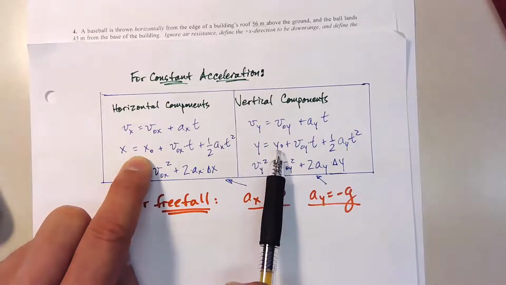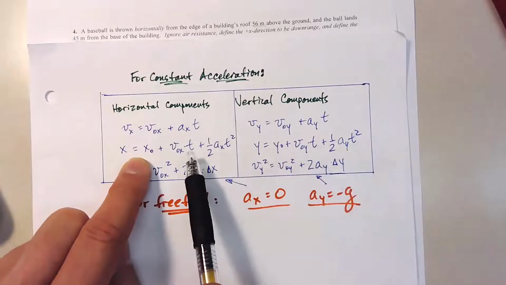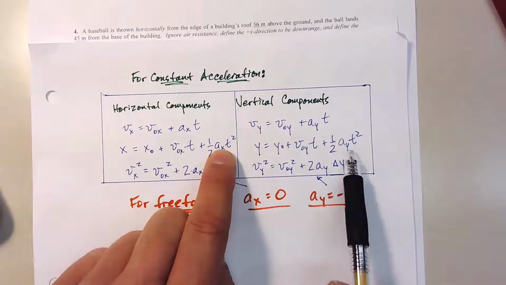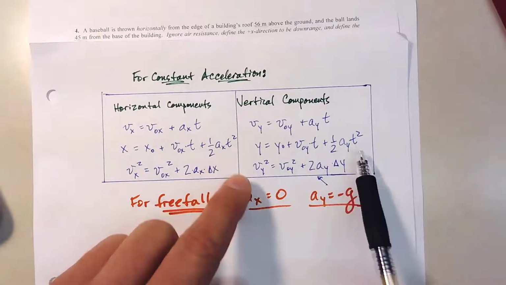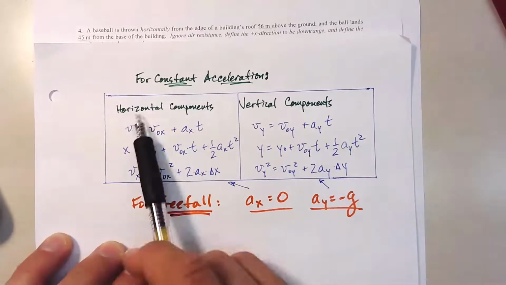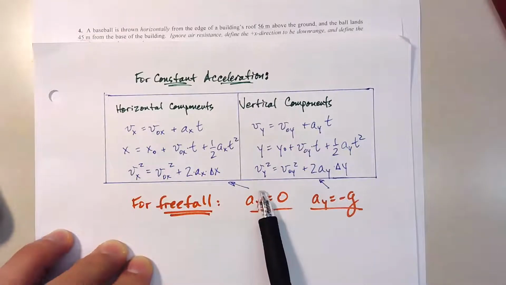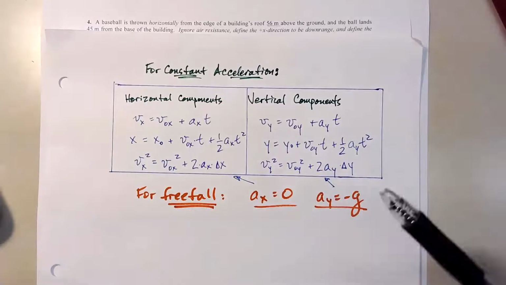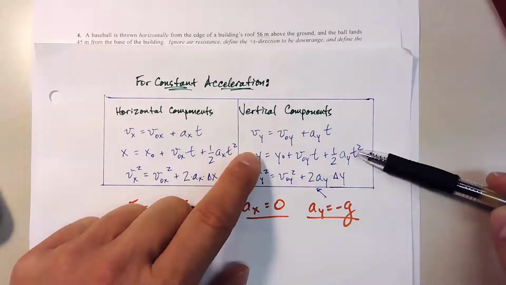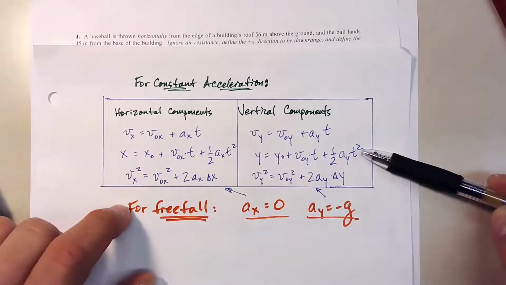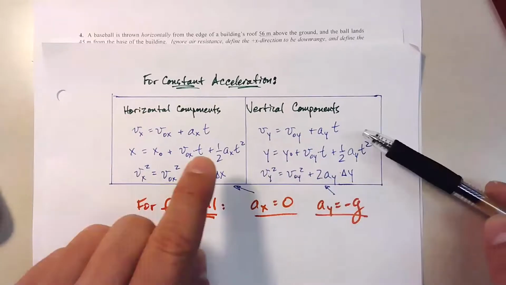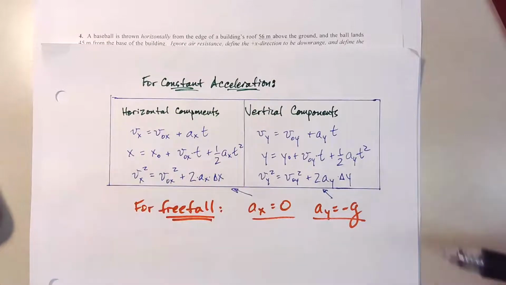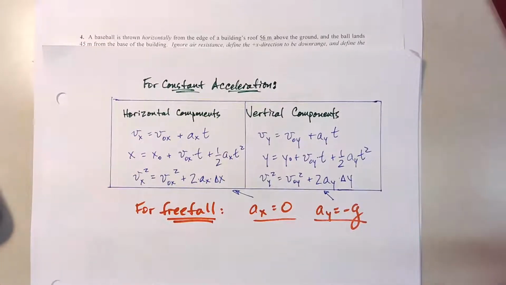But indirectly, we can relate height to range through time. Time is the one thing that appears in the equations in the horizontal box and in the vertical box. Otherwise, every other variable in those two boxes is separate. Time does not appear in this last equation, but it does appear in the second equation. So the horizontal second equation and the vertical second equation are going to be the keys to being able to do this.